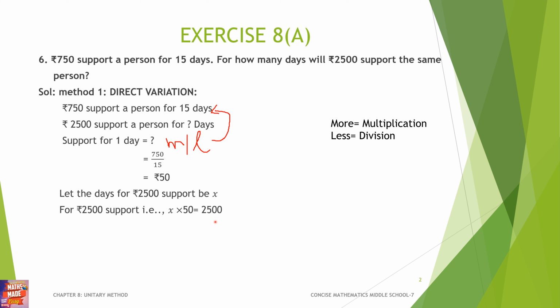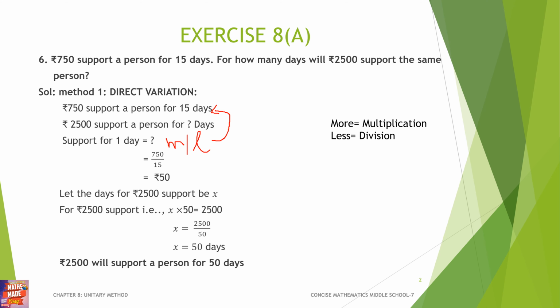So this is the equation that we got from the question itself, right children? Now we need to find the x value. So get this 50 to the other side, and when you cancel it, you will get 50 days. So with this 2500 he can survive for 50 days.